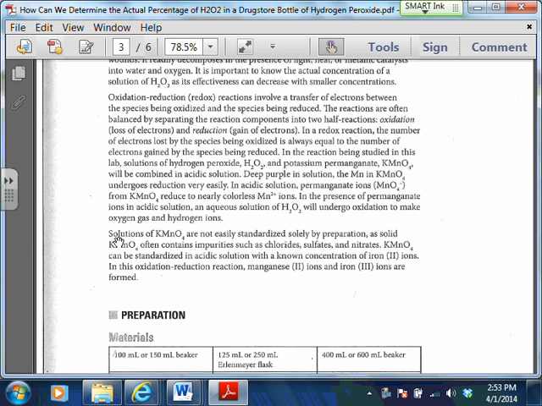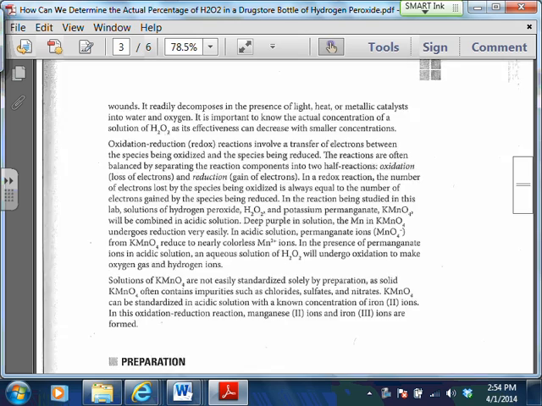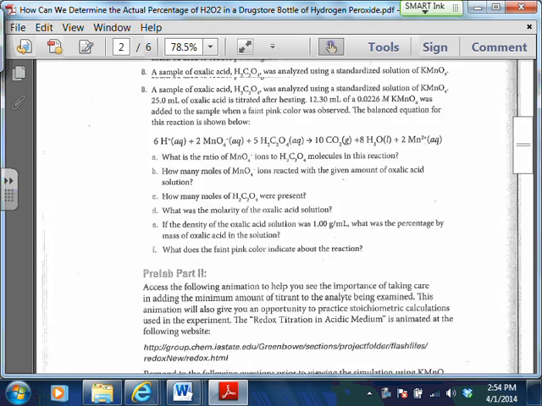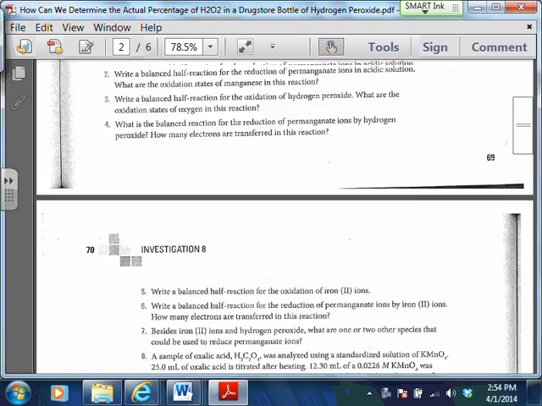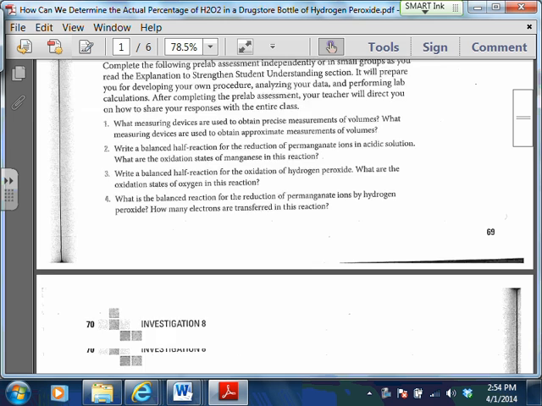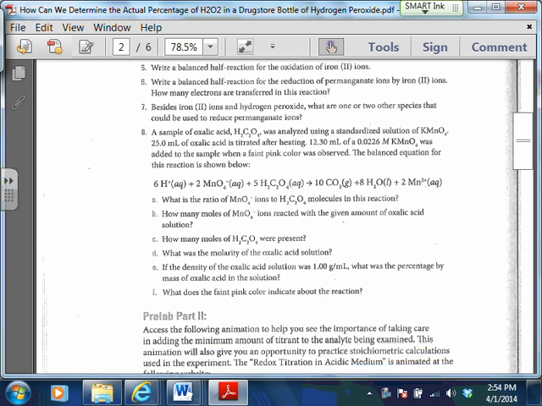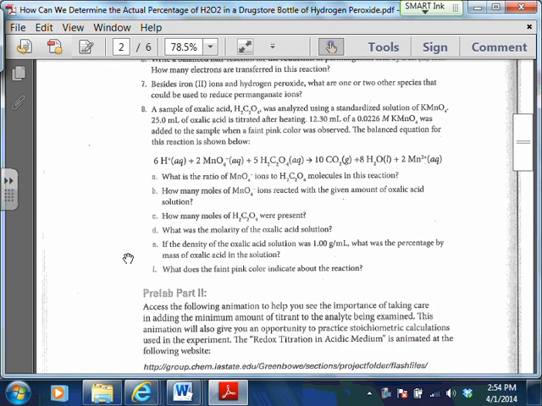In acidic solution, permanganate ions from KMnO4 are reduced to nearly colorless Mn2+. Does it describe it being purple to begin with? Well, that's not super clear.